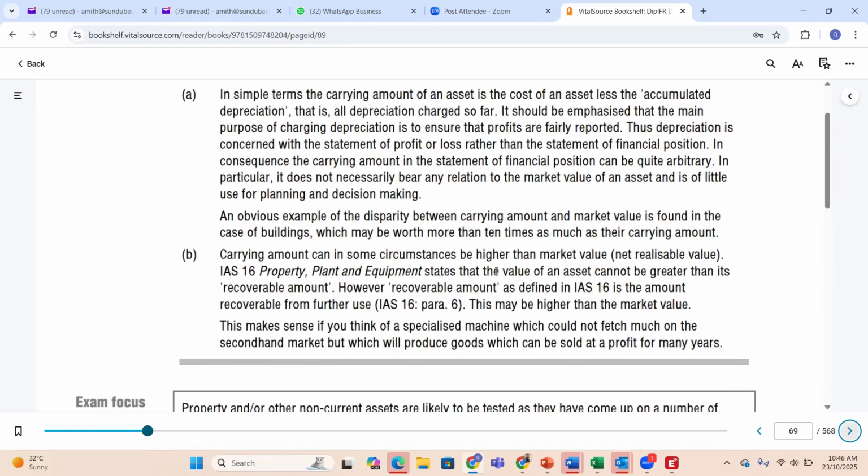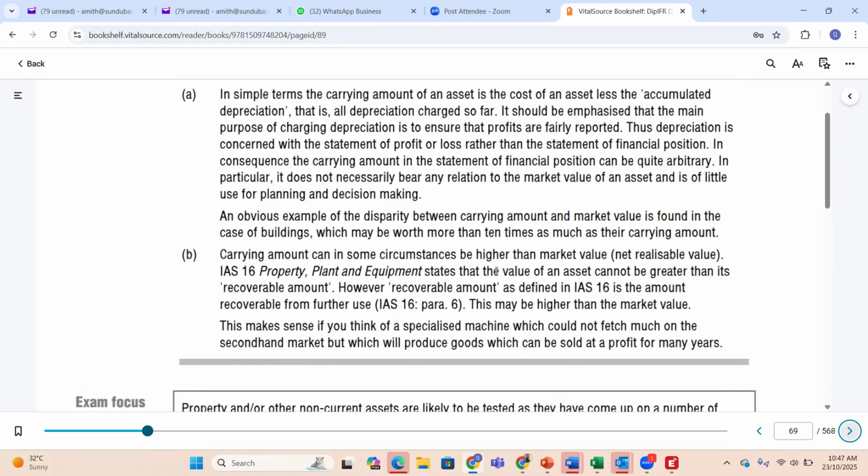Then there is subsequent expenditure. When do you capitalize it? When it increases the useful life of the asset, right? Or let's say that I am attaching a new component altogether, so it is increasing the economic benefits associated with the asset. Or I do component accounting, de-recognize the component and add the new component, right?